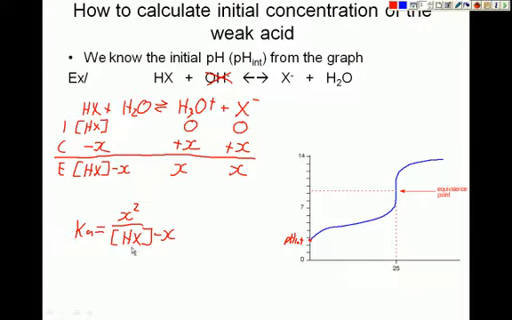Now let's take a more practical approach and try to figure out what HX is using this graph right here. I'm going to erase this now that we have derived the formula.